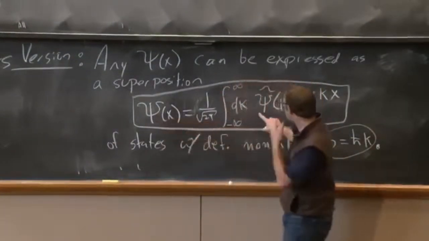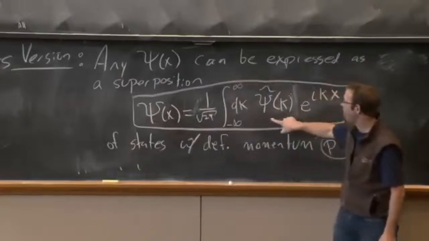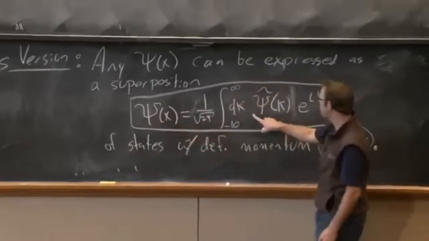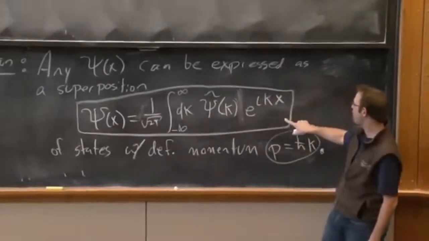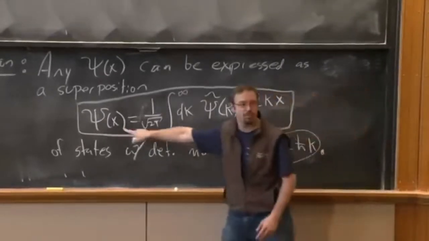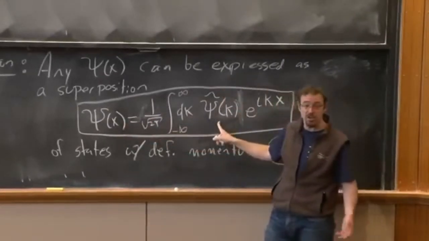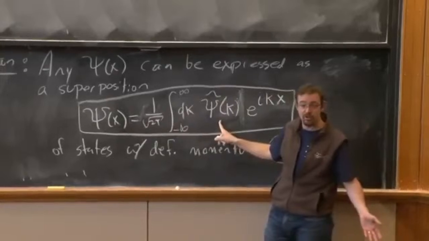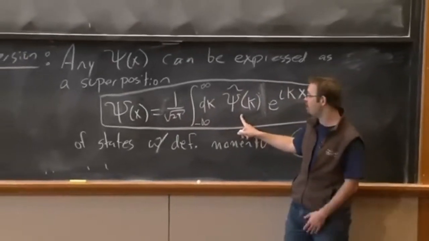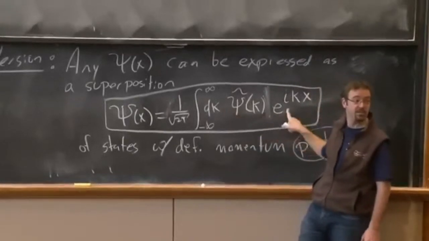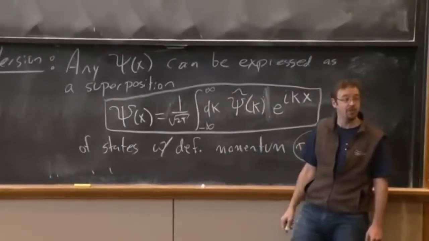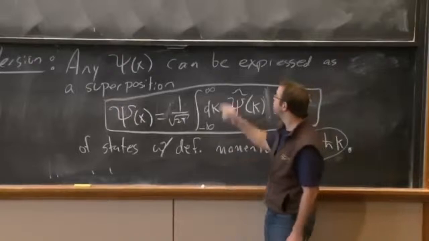This is a complex number because this is a complex function. There's some complex number, an amplitude and a phase, associated to every possible momentum going into the superposition. That amplitude may be 0. There may be no contribution for a large number of momenta, or maybe insignificantly small. But it is indeed associating an amplitude and a phase for every plane wave with every different value of momentum.